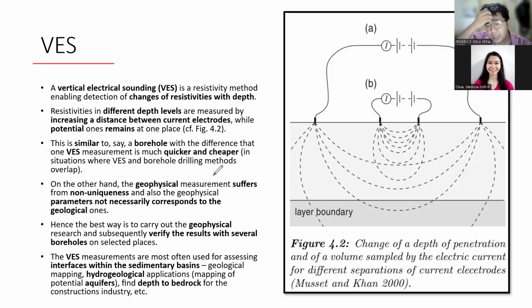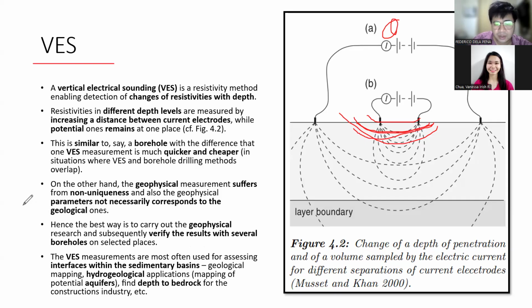You're simply measuring at a single location and then you're just trying to have an increasing potential electrode separation, so that you can penetrate deeper and deeper.